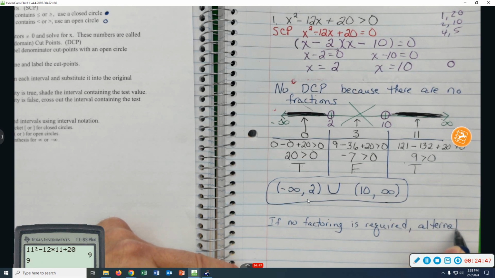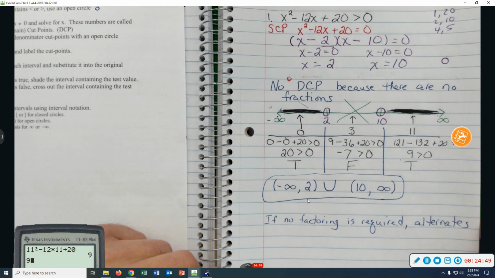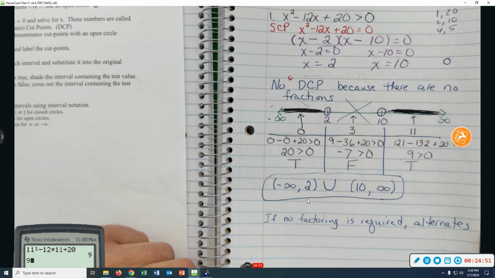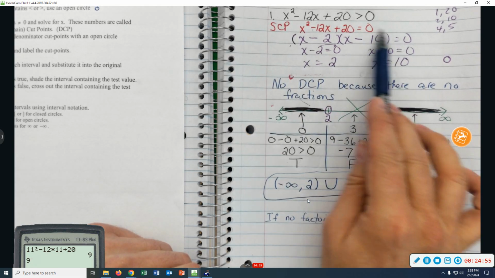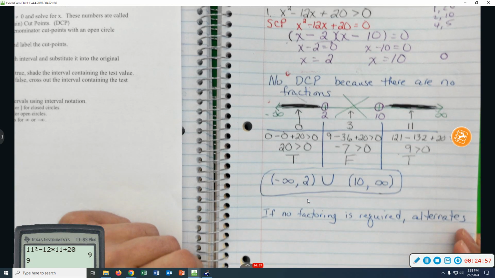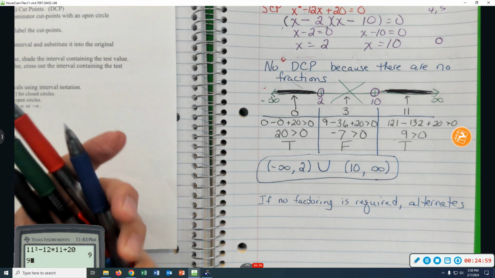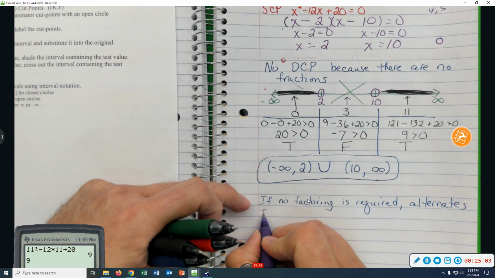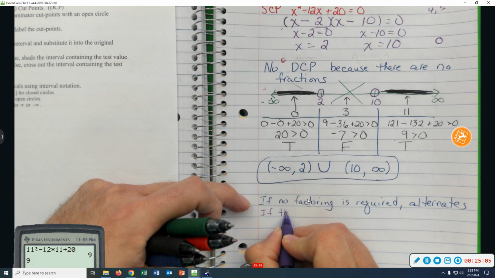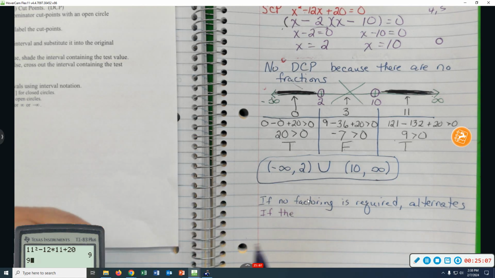In this one, did we have to factor? Yeah, we factored, right here. If you're factoring, as long as there are no repeated factors, then it alternates.